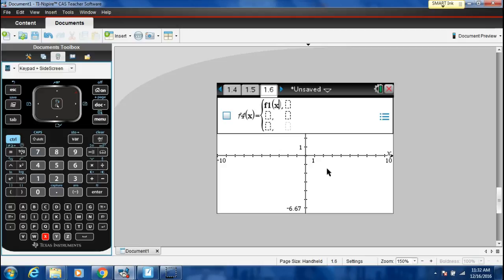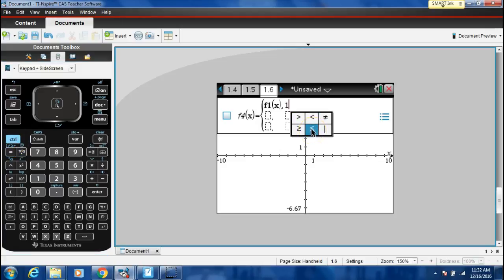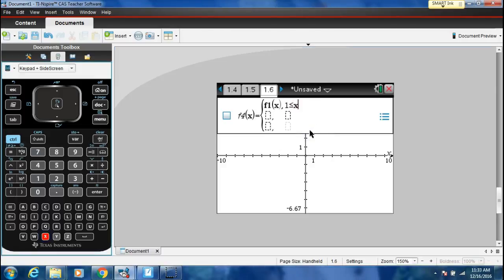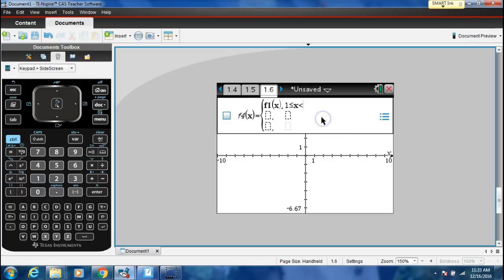Now, I just have to go over here and put in the range that I'm going to be using that function on. Well, that range was 1 is less than or equal to x is less than 9.